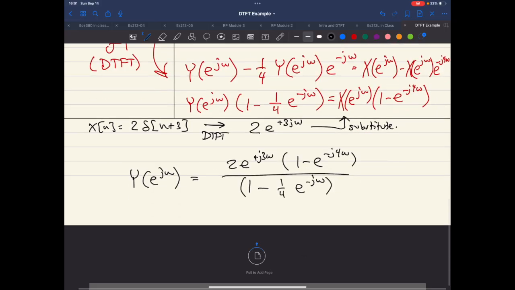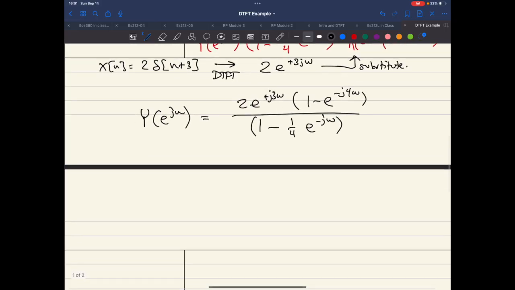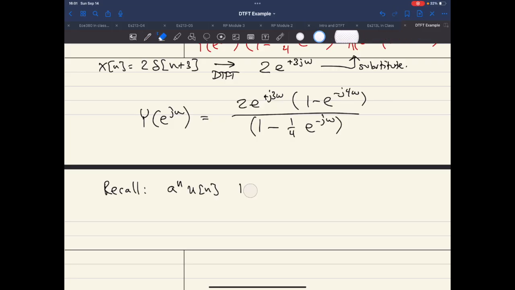Okay, so we have an identity here that we can use. So recall that a^n u[n] is a transform pair, with a less than 1, of course, for it to converge, 1 over 1 minus a e^(minus j omega).